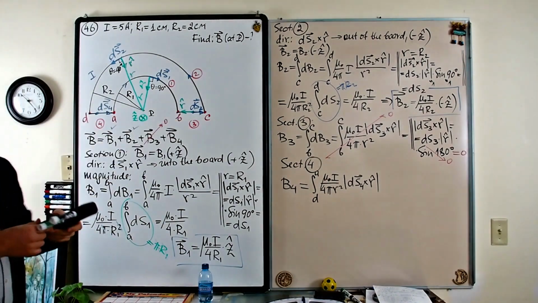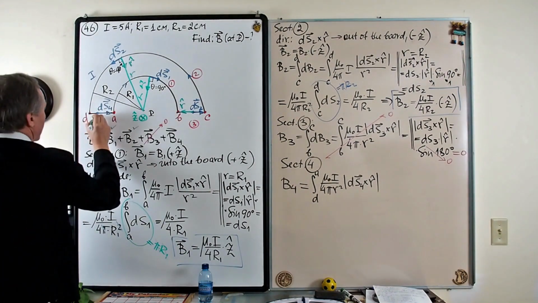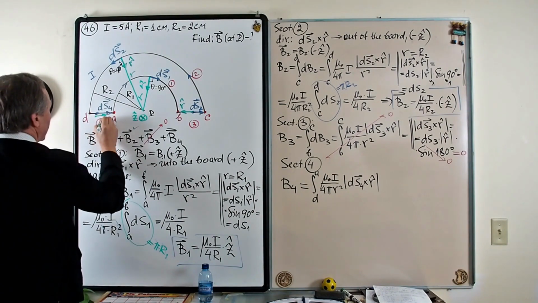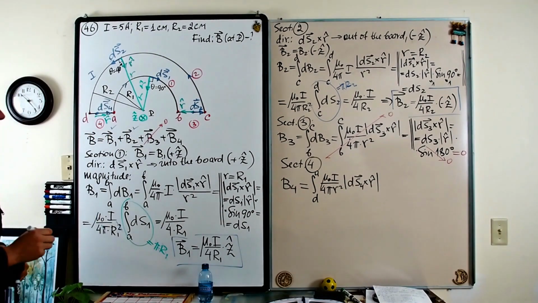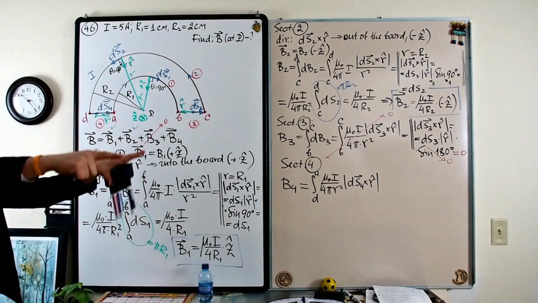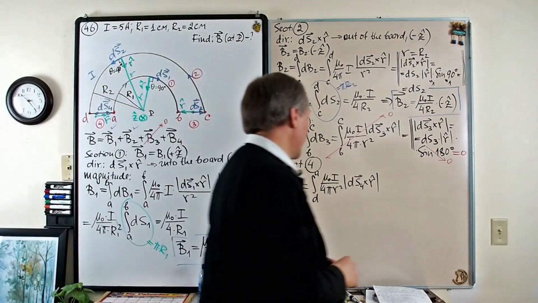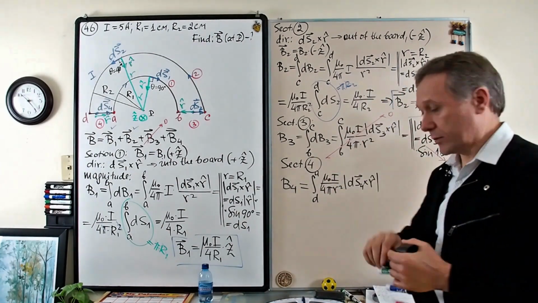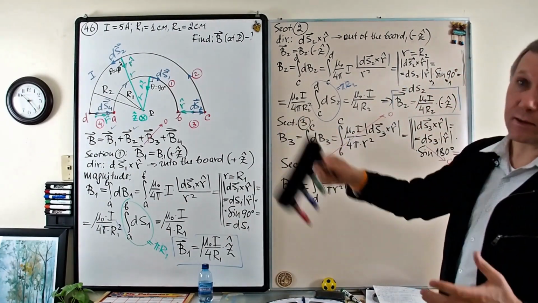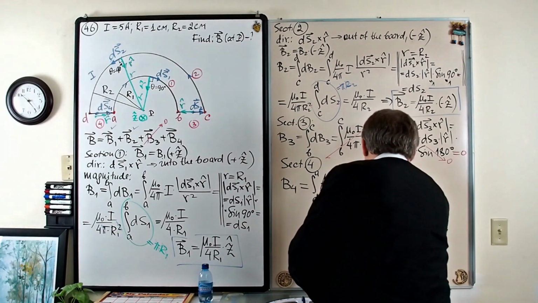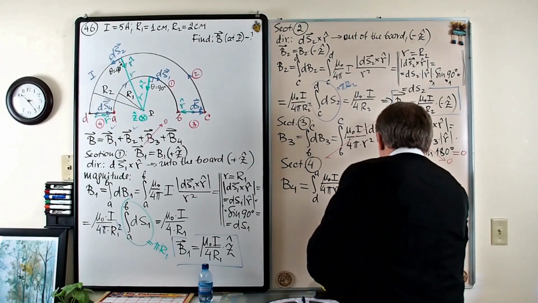So r hat will be also that way. So you see we have two vectors pointing in the same direction. The cross product of two vectors pointing in the same direction, parallel vectors, is 0, because the angle between them is 0 degrees.